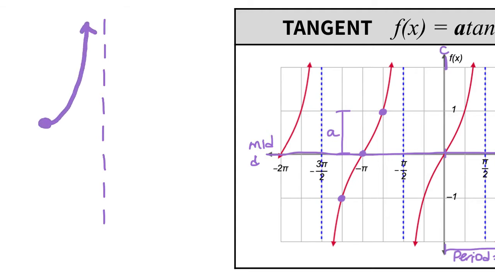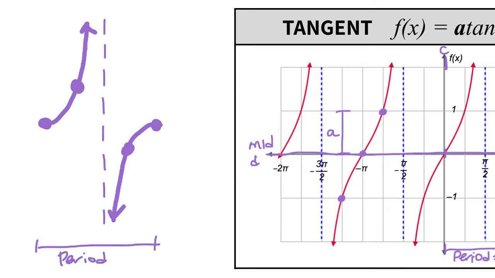So it has that midline point and one of the reference points. On the right side of this is the other half. Again, it has the midline and a reference point. So this right here makes up one period of tangent.